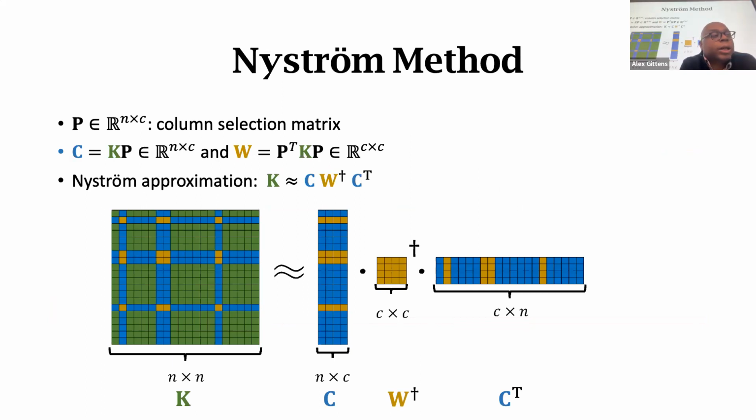We're going to use a particular type of sketching called the Nystrom method. So what the Nystrom method does is it selects a subset of your data points. So let's say this is my kernel matrix. I'll select a subset of the columns, and then I'll say that this kernel matrix should be well approximated by the span of those columns.